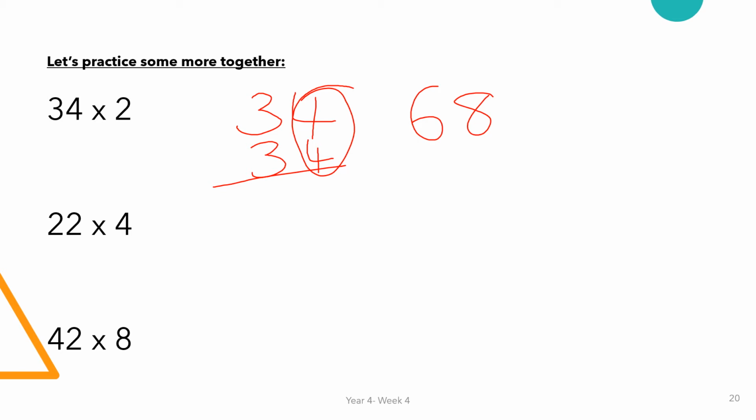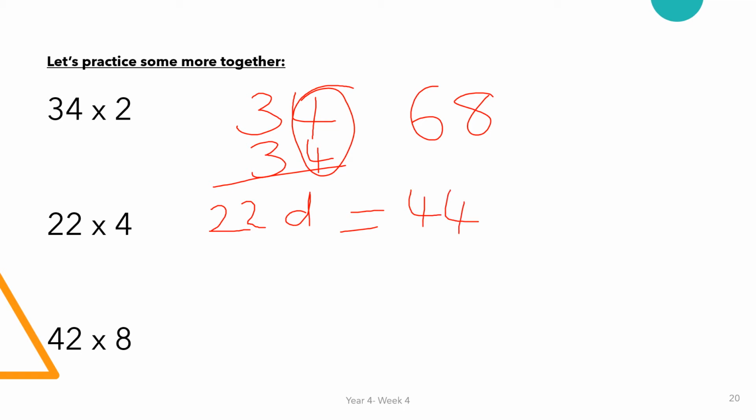Now we're going to have a go at 22 multiplied by 4. So here we're going to double 22. I'm going to use just D. So when I use D, you know I mean doubled. So 22 doubled is 44.